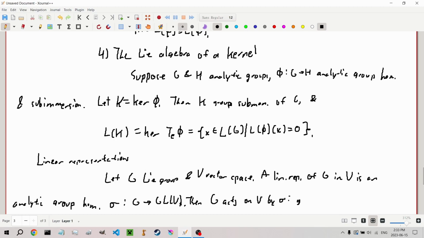So say an element of G acting on an element of V is sigma sending G to a linear automorphism of V, which then acts on V.